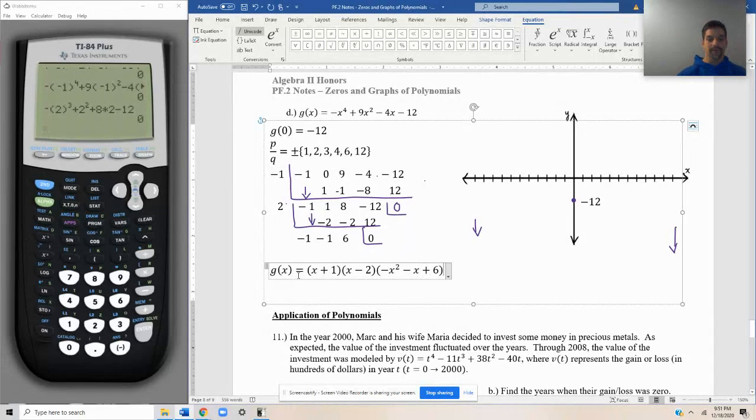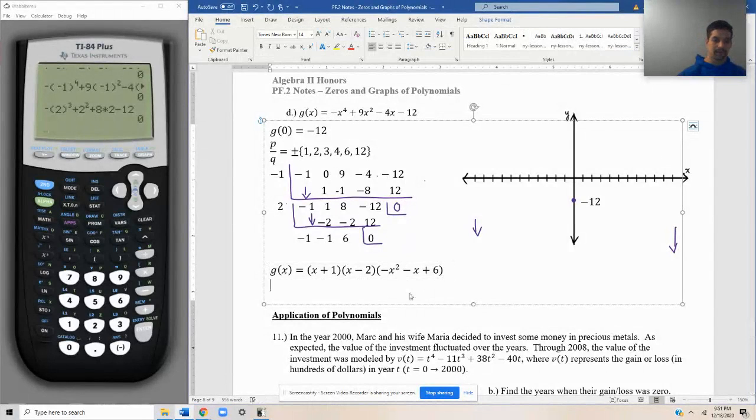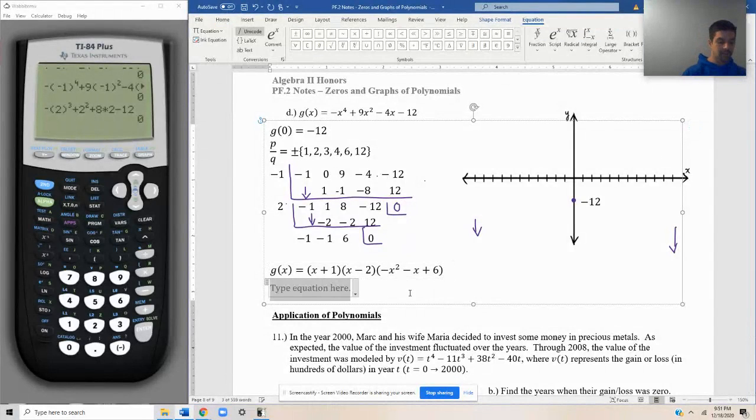I'm going to go ahead and factor out this negative of the third group that I have here, the trinomial at the end. So that's going to give me g of x, which equals, I'm going to put the negative out in front, x plus 1 times x minus 2 times x squared plus x minus 6.